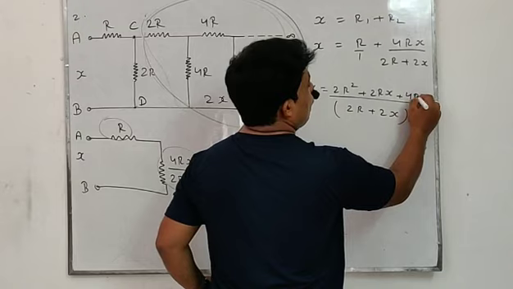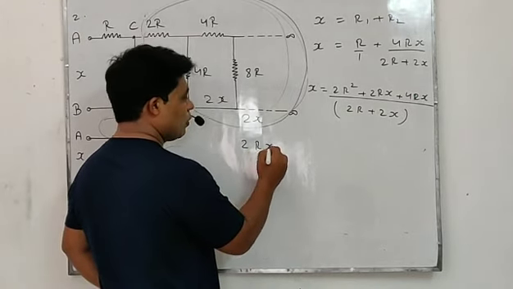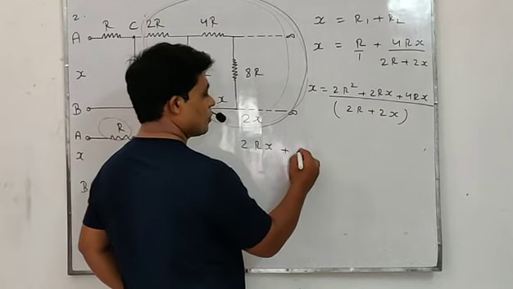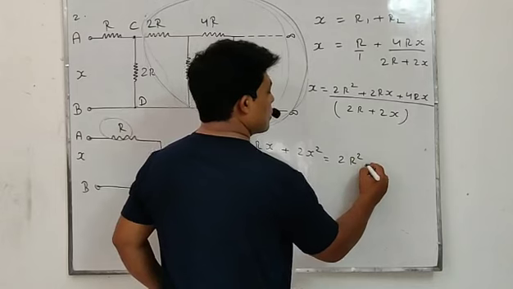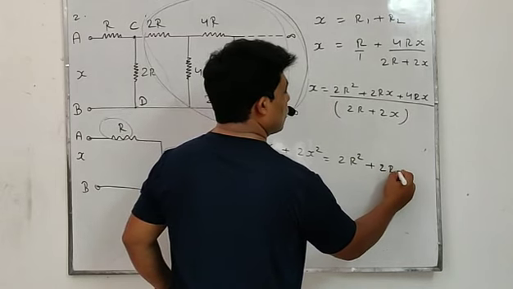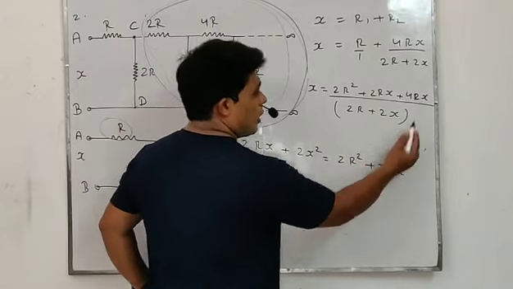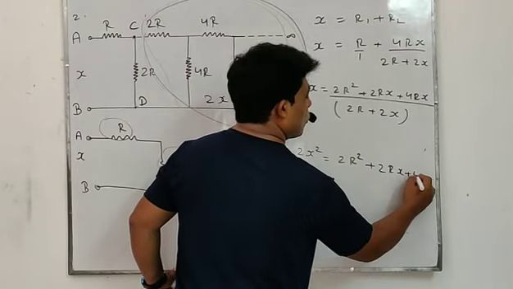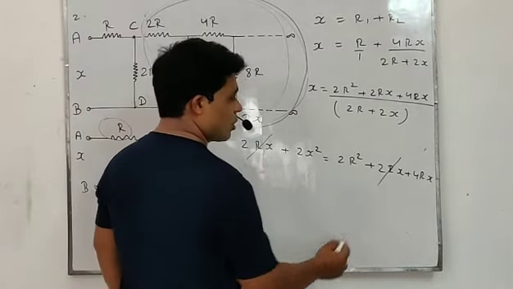Only it remains 4Rx. Now cross multiply 2R into x, 2Rx plus 2x into x, 2x square, 2Rx, 2R square, 2Rx, and that is 4Rx. Now students, 2Rx to 2Rx cancel out.